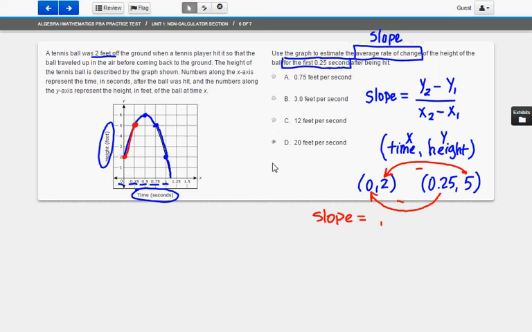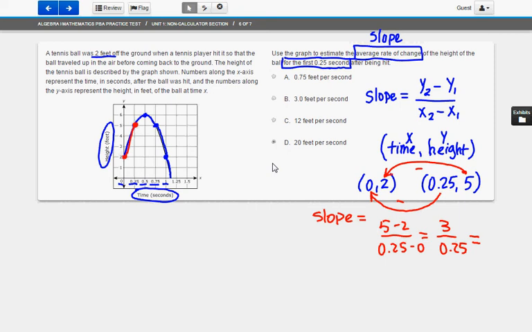And in this case, it will be 5 minus 2 divided by 0.25 minus 0, which gives us 5 minus 2, that's 3, and 0.25 minus 0 is 0.25. Now, at this point, this is a no calculator portion of the test. You have to be able to figure out what 3 divided by 0.25 is.